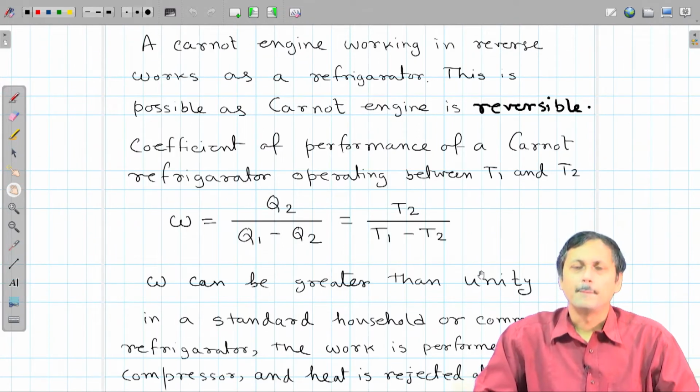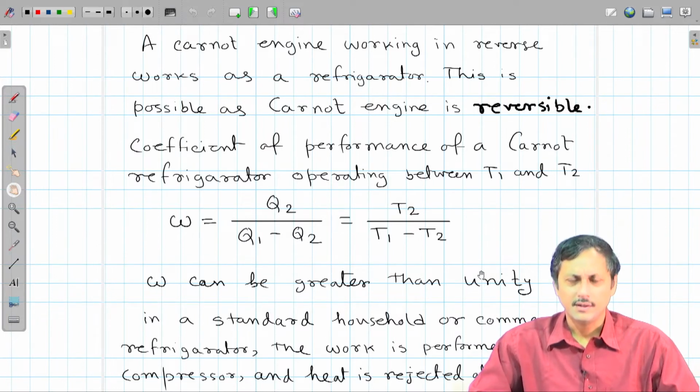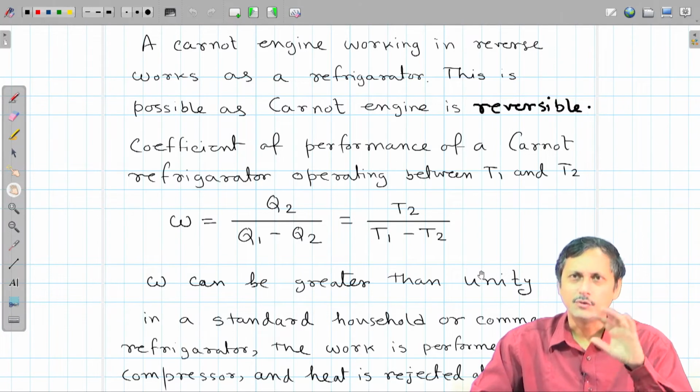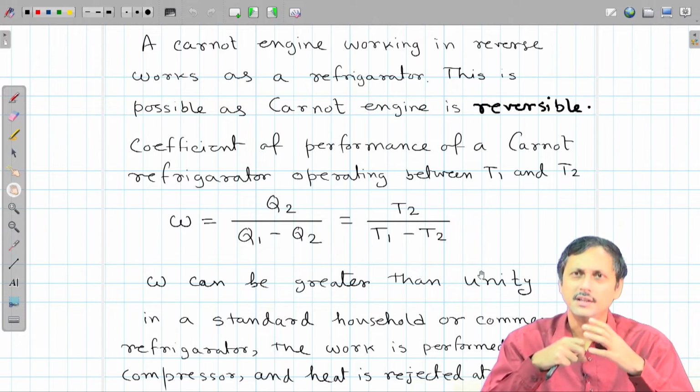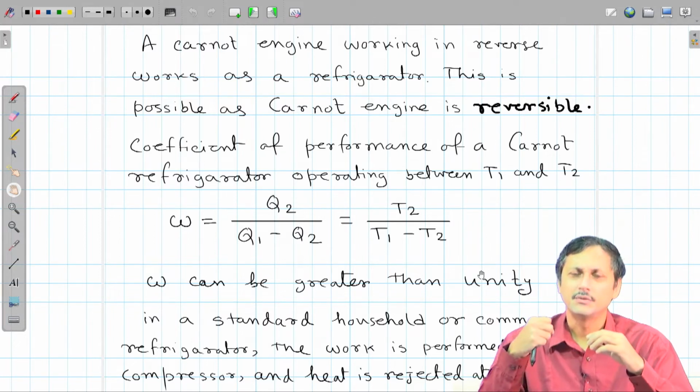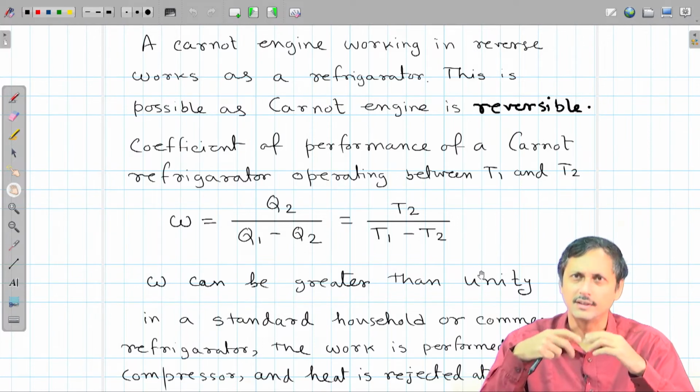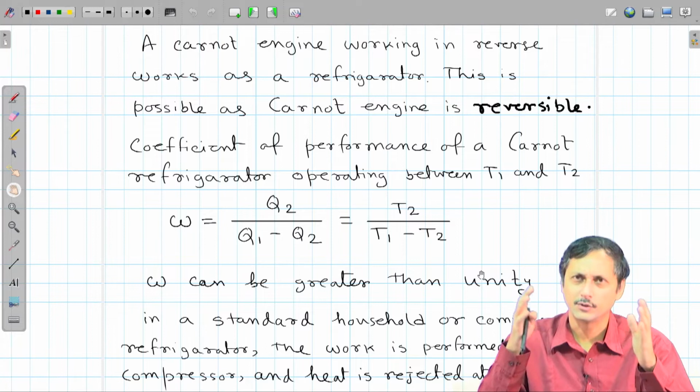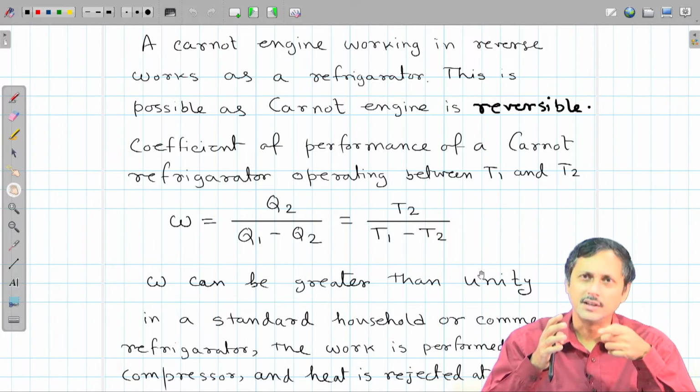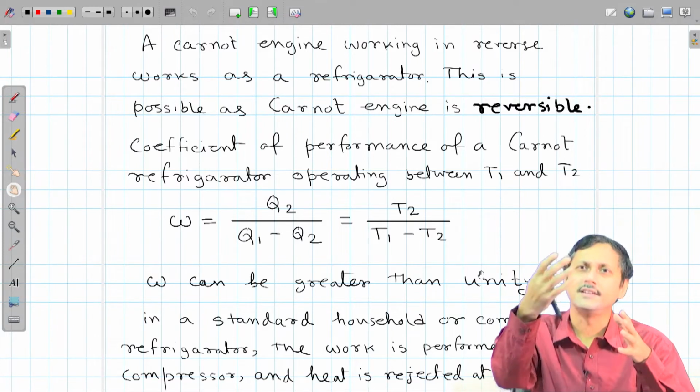Now, Carnot engine is a reversible engine, as in all the processes are reversible. So, if instead of using it as an engine, we just reverse the process, that means it will initially absorb heat from the cold reservoir, then isothermal expansion will take place, then adiabatic compression, and finally it will reject heat to the hot reservoir.